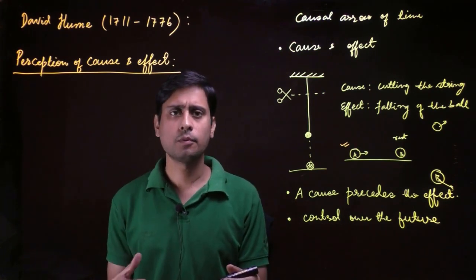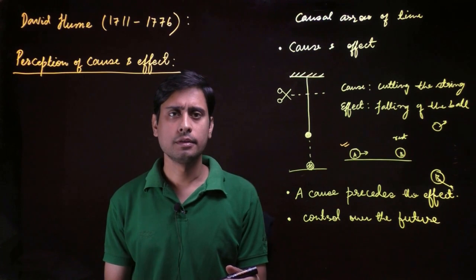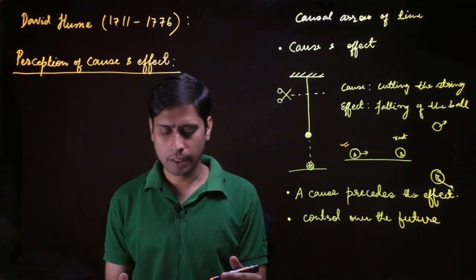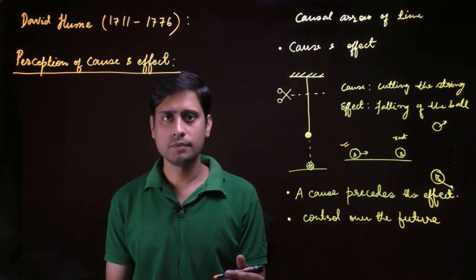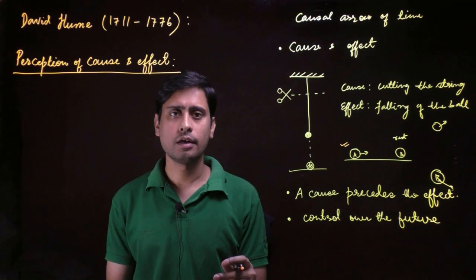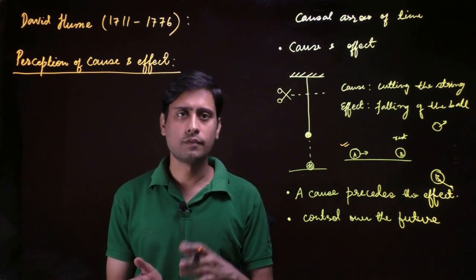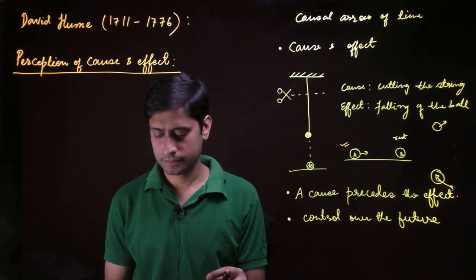This perception of cause and effect comes into existence by a habit of our mind for constantly conjoined events, events which always occur after one another.